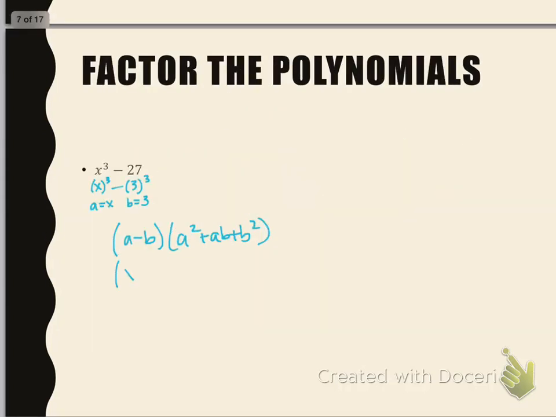Okay, so when I plug it in, I get x minus 3, x squared plus my a times my b plus my b squared. So if I simplify, this just becomes x squared, x times 3 is 3x, and 3 squared is 9.